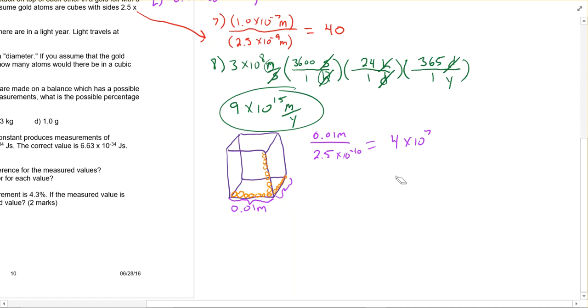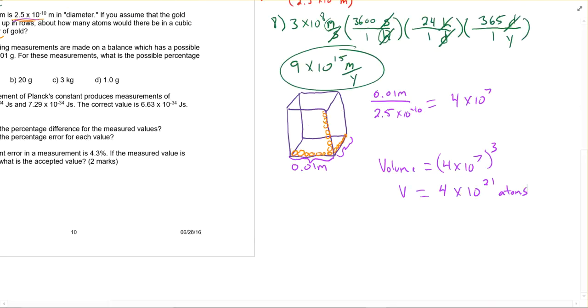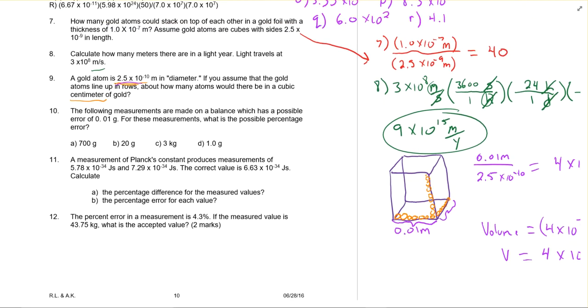Now if I want the volume of this thing, the volume V is going to be equal to 4 times 10 to the 7 cubed, which is 4 times 10 to the 21. So our units here would be atoms. That's a lot, eh? Okay, so that's number 9. I forgot to put 9 there.